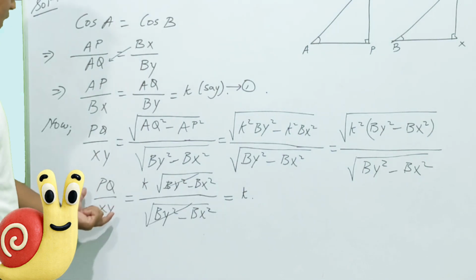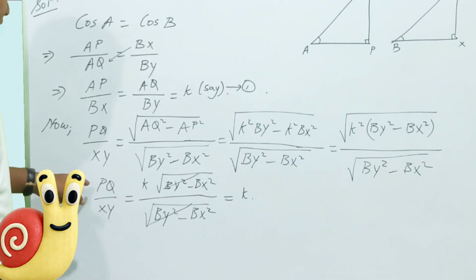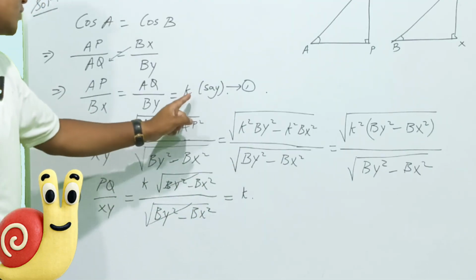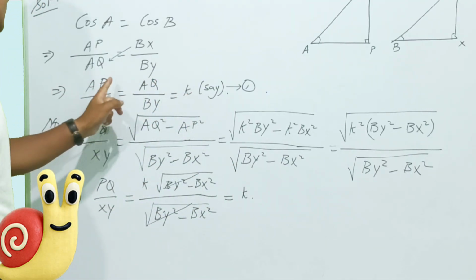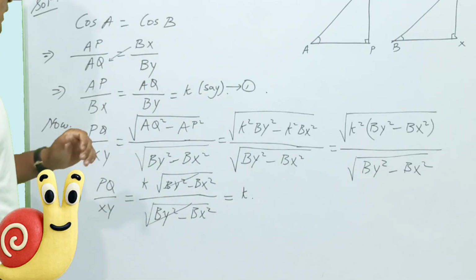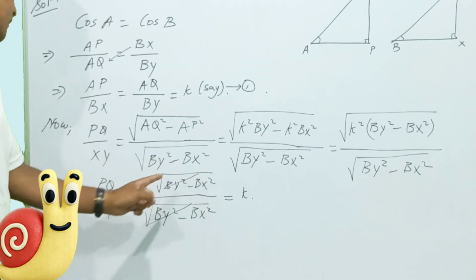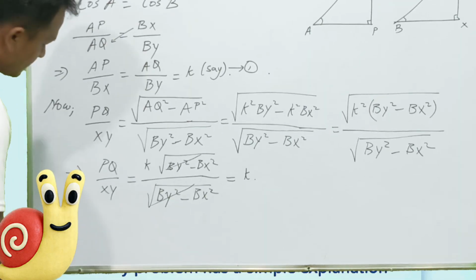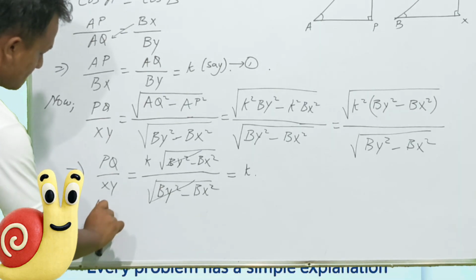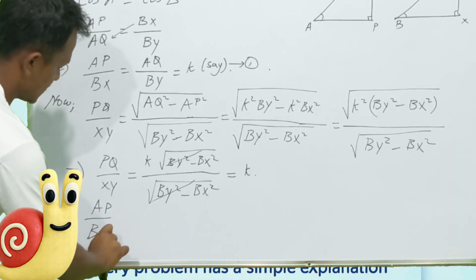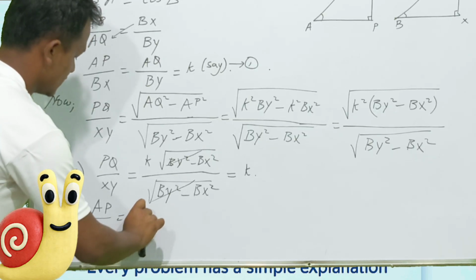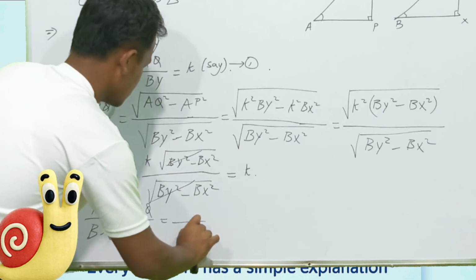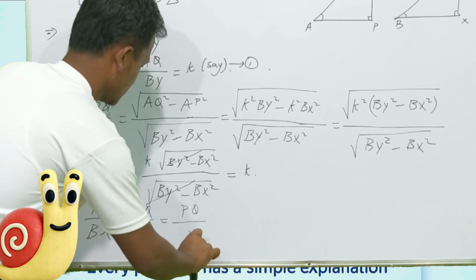If you look here at the last part of the equation, you'll find out that PQ by XY is also equal to K. And this K from equation 1 is equal to AP by BX is equal to AQ by BY. Then what do we do? If we substitute in place of K, PQ by XY, we can write that, therefore, AP by BX is equal to AQ by BY is equal to PQ by XY.